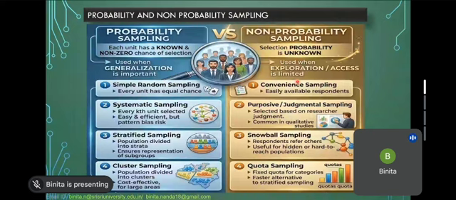That is quota sampling. This is somewhat a faster alternative to stratified sampling, because in stratified sampling also we make groups and select according to some homogeneous group. Here also we are working on a particular quota that we are taking.